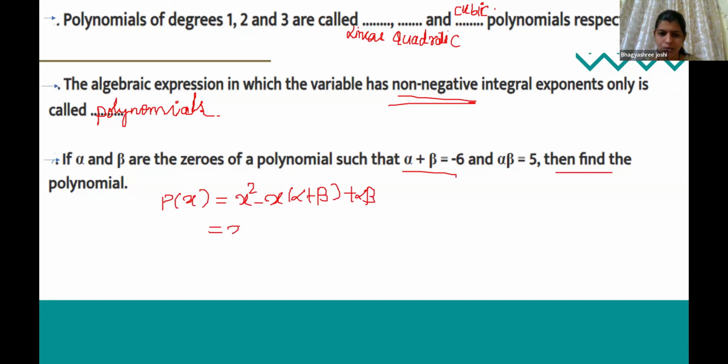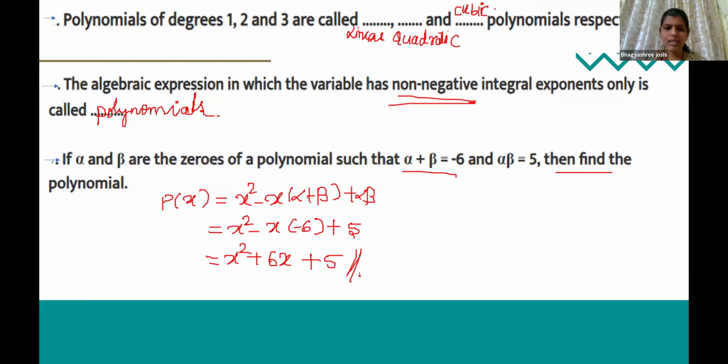So x into alpha plus beta value is minus 6, plus alpha into beta value is 5. X square minus into minus plus 6x plus 5. This is our required polynomial, right? So this is the quadratic polynomial, and this question can be asked for 1 mark. These all are 1 mark questions.